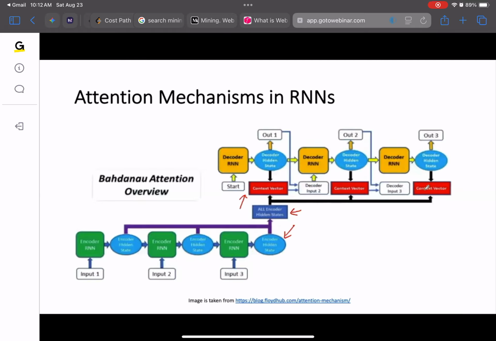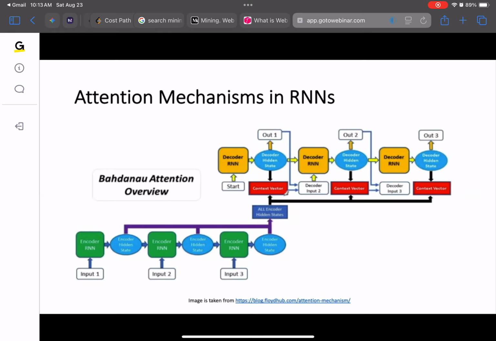So the last context vector should be representative of this last encoder hidden state, because that is what the correspondence is. We'll once again go through the steps on how to actually compute this context vector.